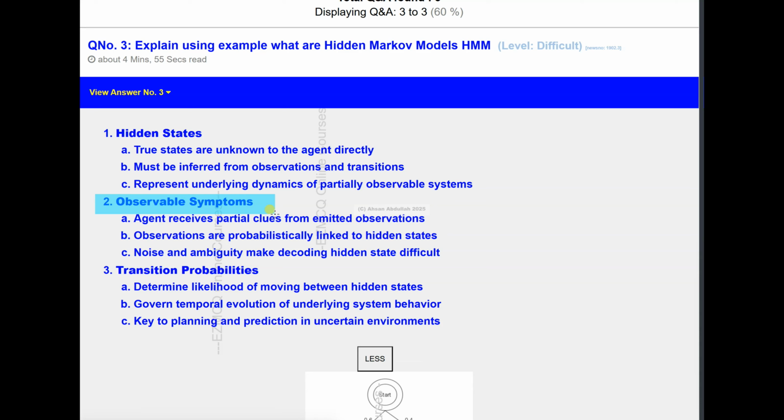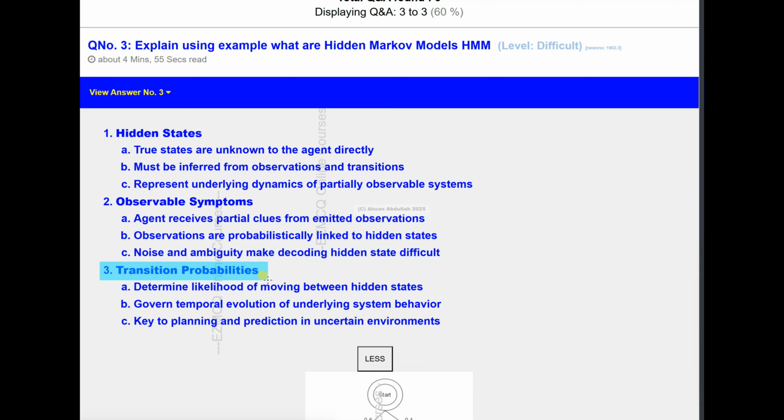In deep reinforcement learning, these observations are used to update the states and guide decision making in partially observable environments. We are just touching upon this concept because there is a whole course on reinforcement learning in which these subtopics are discussed in significant detail with the mathematical background.